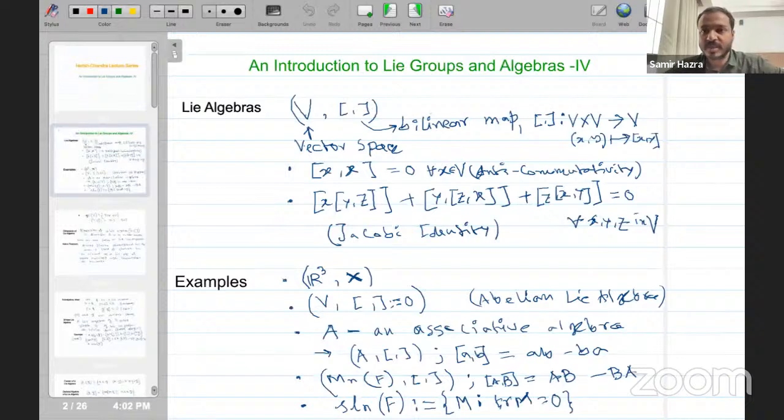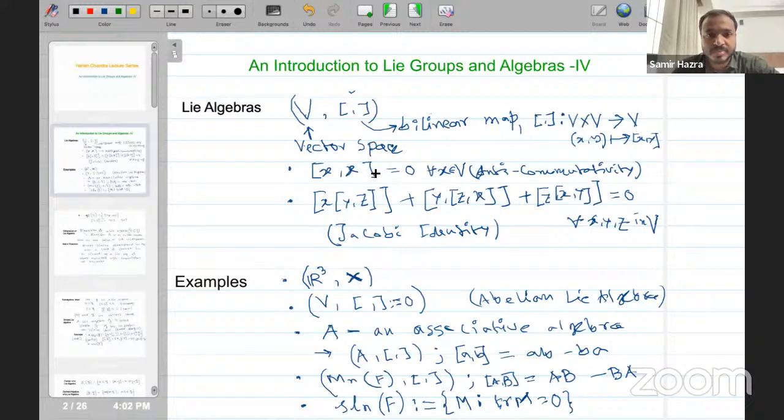So Lie algebras are, of course, a vector space with some algebra structure. For a Lie algebra, it is mostly written as a bracket. This is a bilinear map on the vector space. Basically, this is true for any algebra.